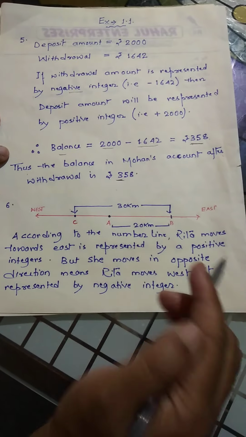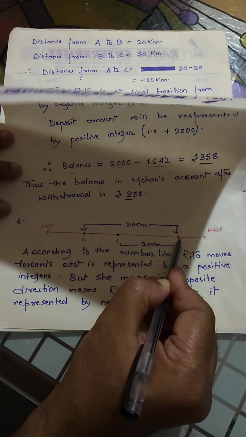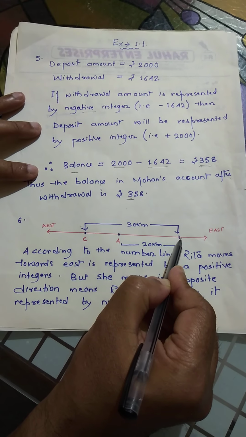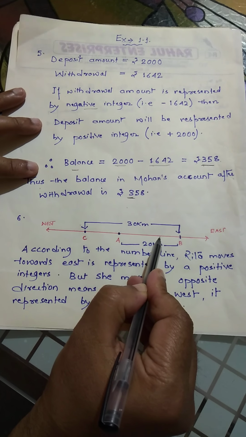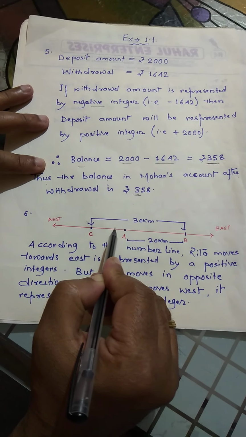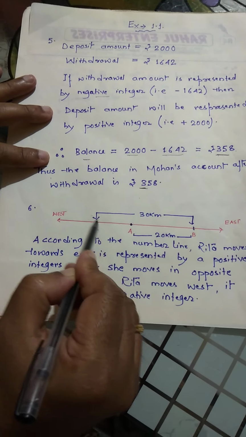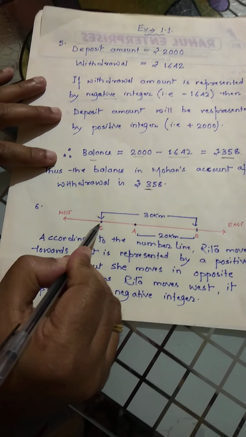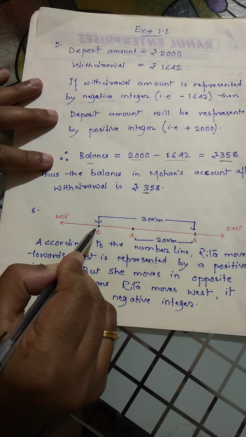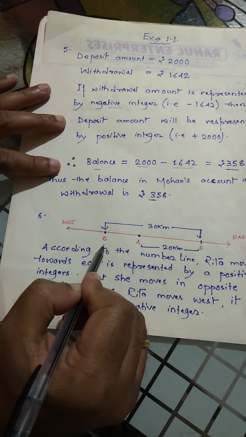Now, once she reached point B, she moves 30 kilometer towards west along the same road. Now she is going to the negative integer side. Finally she reached point C. In the question it is not mentioned that she has reached a point C, but I have marked a point so that it would be easier for you to understand.